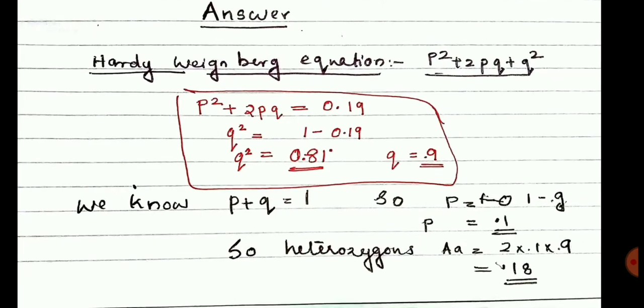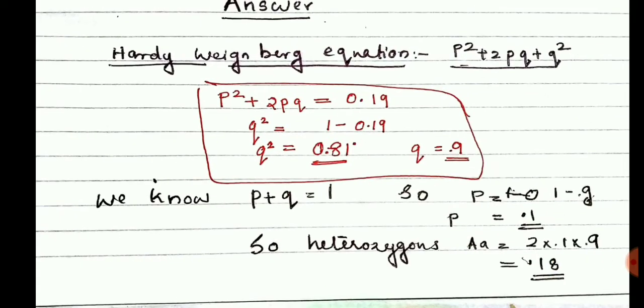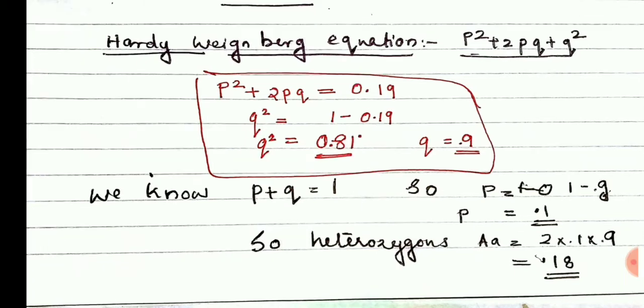The equation is the Hardy-Weinberg equation, p square plus 2pq plus q square is equal to 1, and p square plus 2pq is equal to the dominant phenotype. We want to consider q also, and 2pq also, because there is the heterozygous condition, so we want to consider the p also, 2pq also.